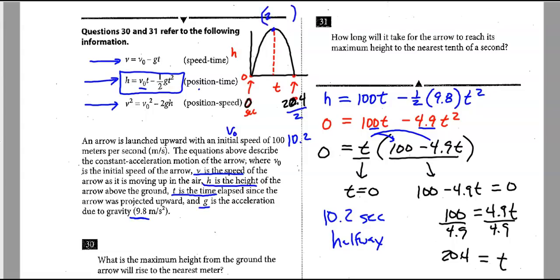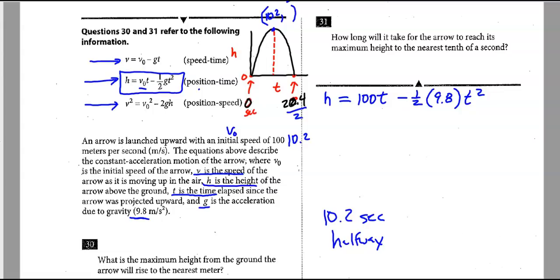So at 10.2 seconds. And now I need to figure out, well, what is the height? So what I can do is go back to my original equation, all the way back up here.